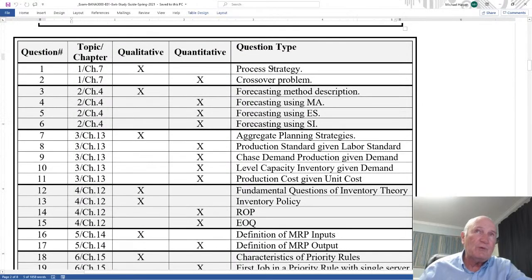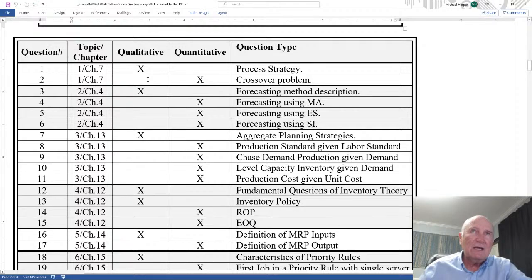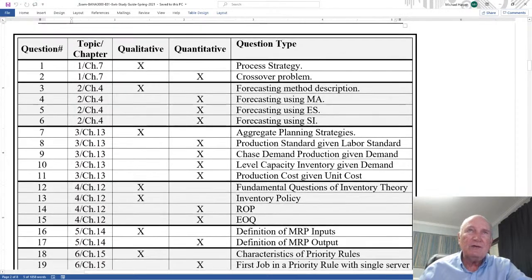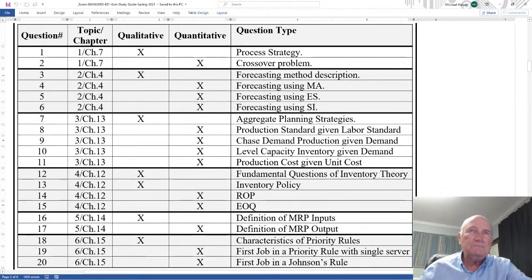And here's the actual breakdown. There are going to be qualitative questions, and there are going to be quantitative questions. And you notice this table right here shows you the breakdown between the two. There are 7 qualitative questions and 13 quantitative questions.